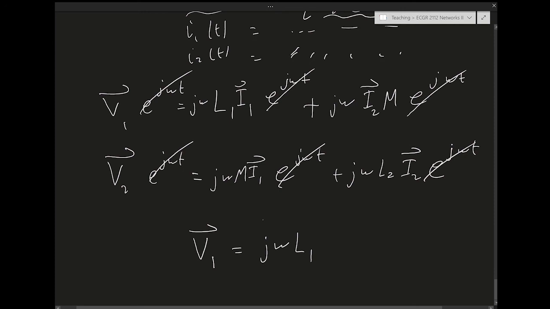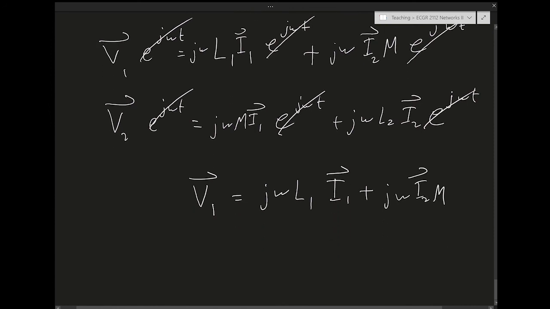M by itself is the mutual inductance. If you have an inductance, you multiply it by jω, you get impedance.